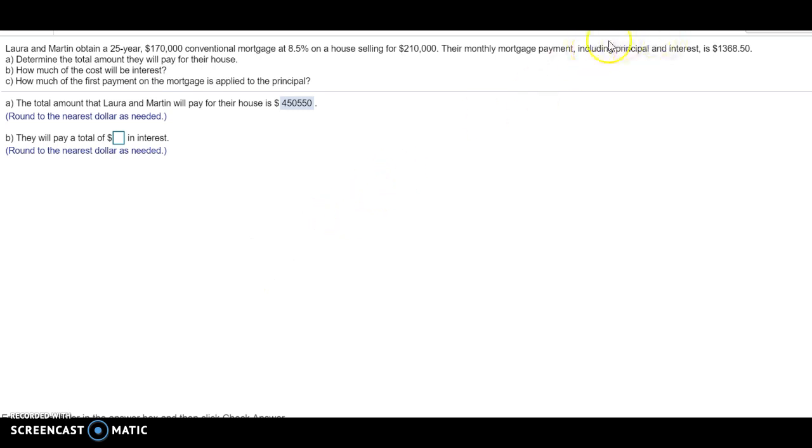And that's a very simple process. To find the interest, we subtract the total that they pay over the course of their loan, not the grand total, and we subtract the actual amount that they borrowed. So let's do that.